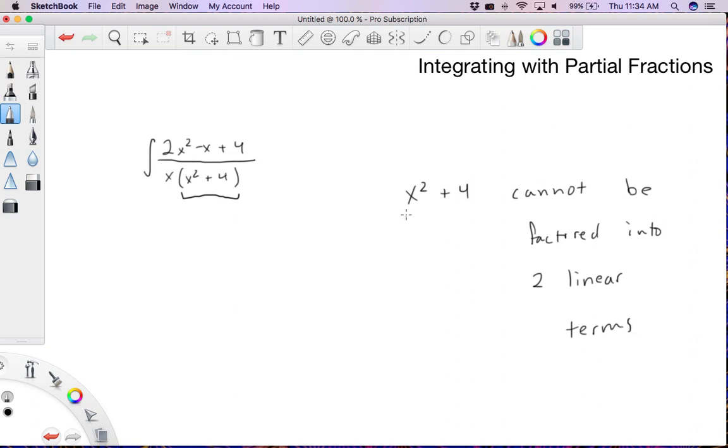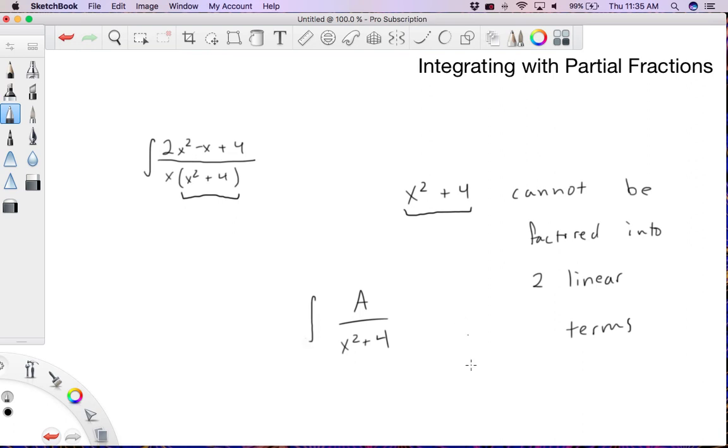So basically you're stuck with the factor x squared plus 4. And when you have a fraction with x squared plus 4 on the bottom, you have to approach it in a different way, because the integral of this requires either a u substitution if possible or an inverse tangent.